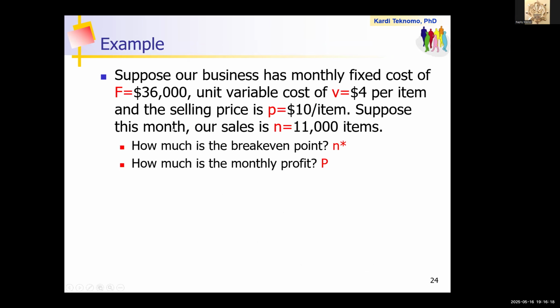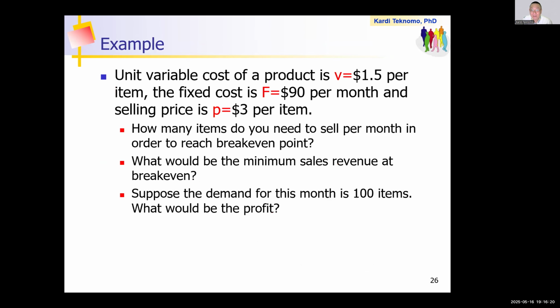So let's say another example here. Say you are a trader. You buy items at $1.5 per item. And of course, every month you need to pay yourself a salary and so on. So this is the fixed cost, say $90 per month. And then you sell at double price, so $3 per item.